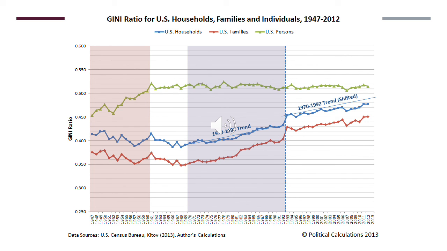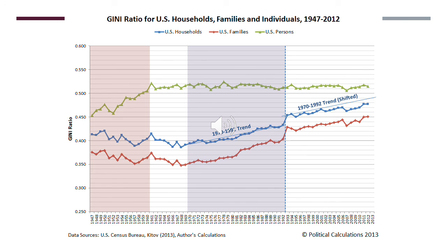The red line represents all U.S. families, and the blue line represents all U.S. households, which includes people who live together but aren't families. So that could include, for example, people who share housing with roommates, or people who share housing with foster families.